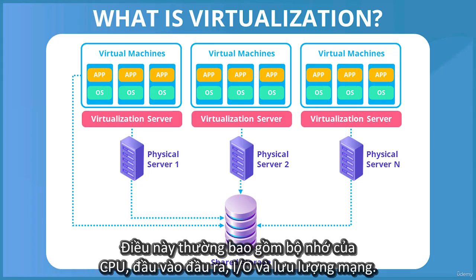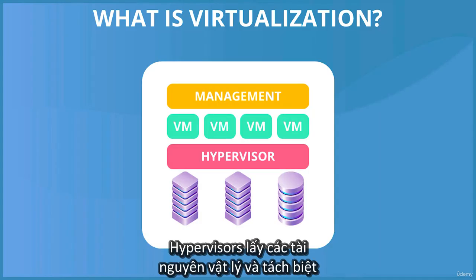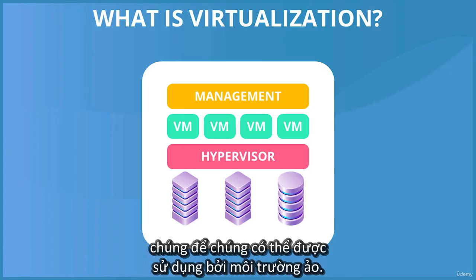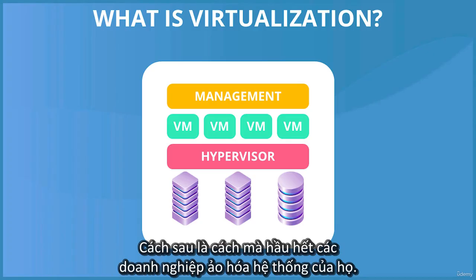This often includes the CPU, memory, input-output, the I/O, and network traffic. Hypervisors take the physical resources and separate them so they can be utilized by the virtual environment. They'll sit on top of an OS, or they can be directly installed onto the hardware. The latter is pretty much how most enterprises virtualize their systems.